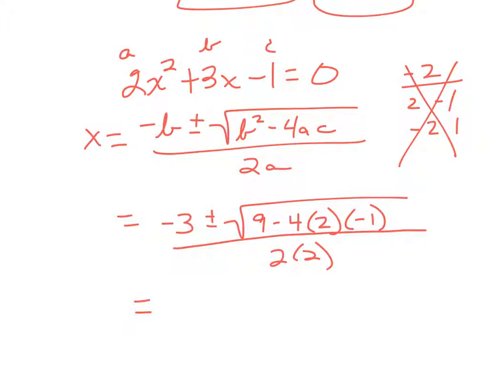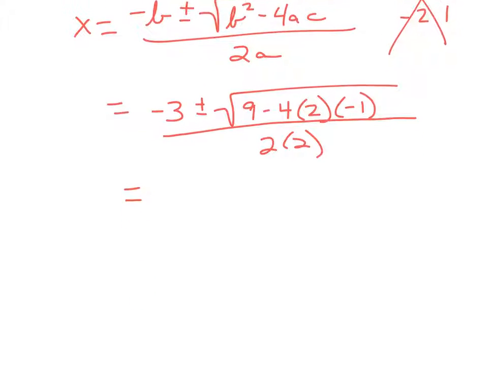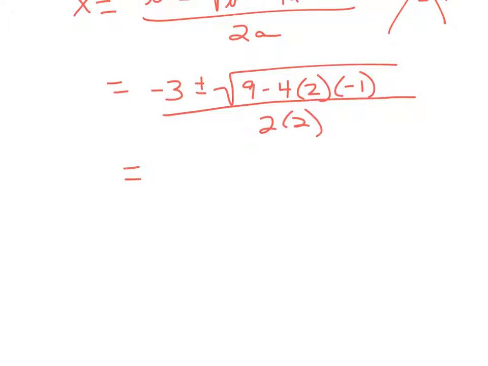Okay, and again, like I said after we did chapter 8, we want to write these with simplified radicals now instead of just decimals. So let's work on this square root over here. Negative 4 times 2 is negative 8, times negative 1 is positive 8. 9 and 8 is 17, so I got the square root of 17 there now.